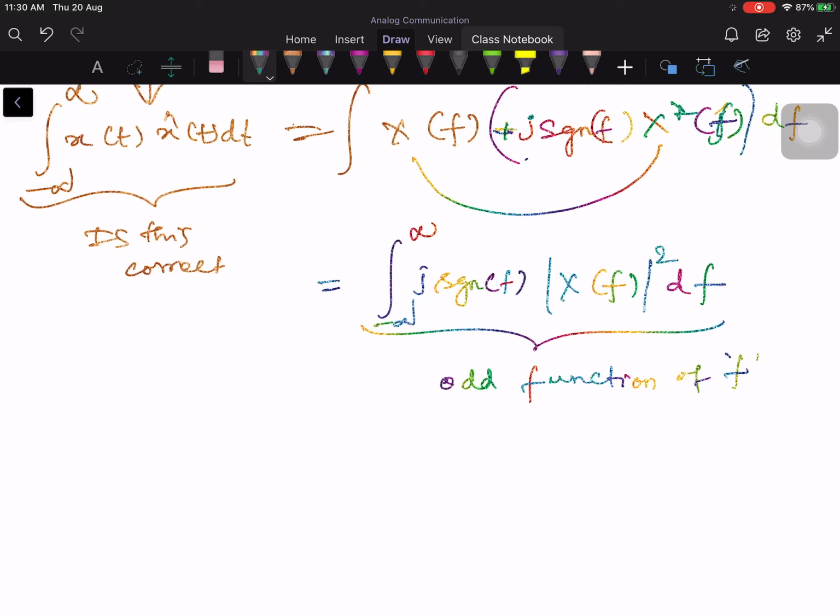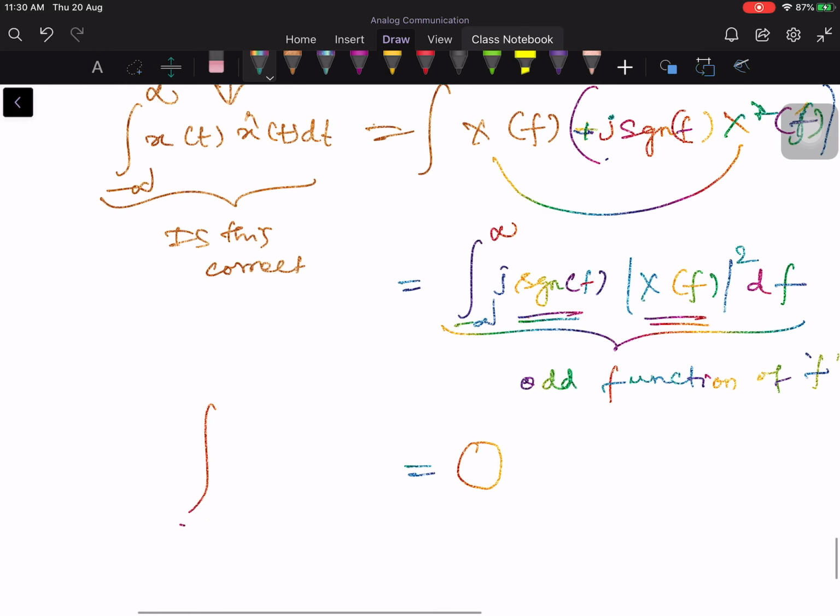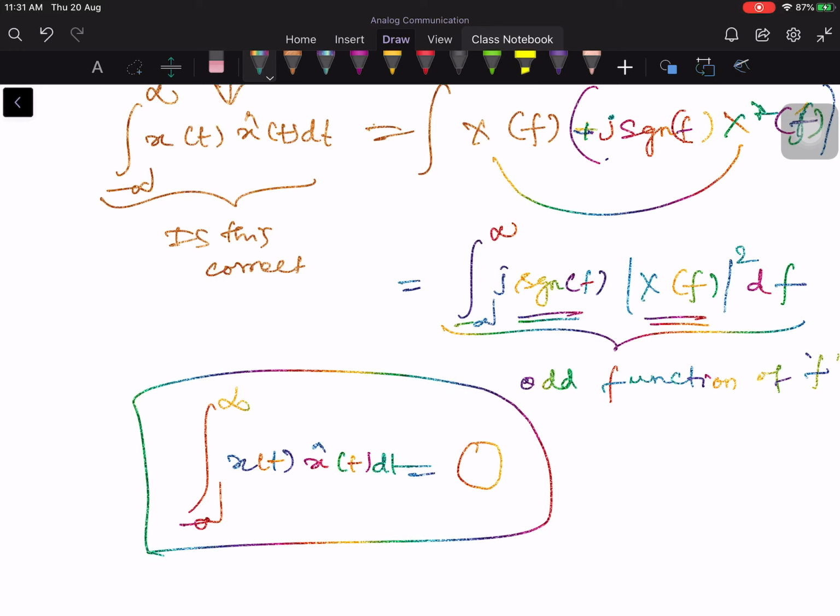Okay, so now this is taking modulus and squaring it, that is an even function, and this is an odd function. If you integrate an odd function from minus infinity to plus infinity, that integration leads to 0. So what do you have in the left hand side? X of t and its Hilbert transform x hat of t into dt. Therefore the signal x of t and its Hilbert transform both are orthogonal. It's a proof.